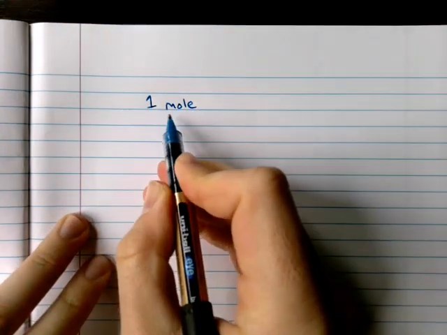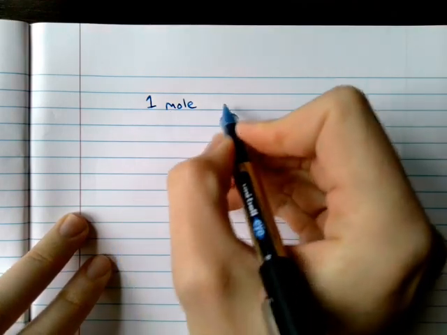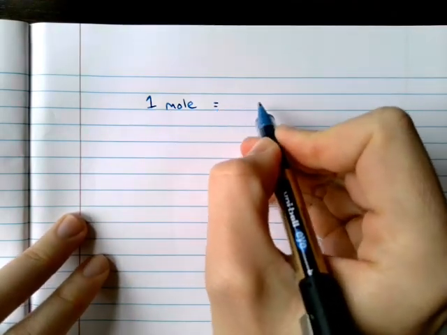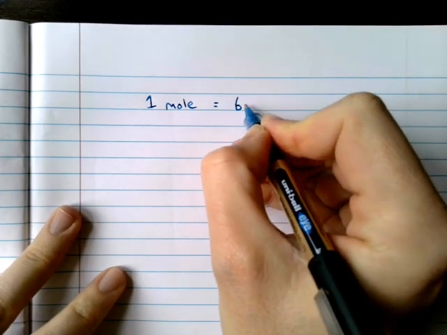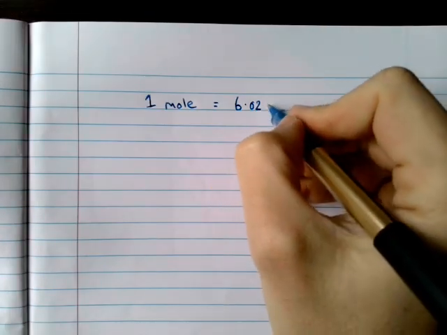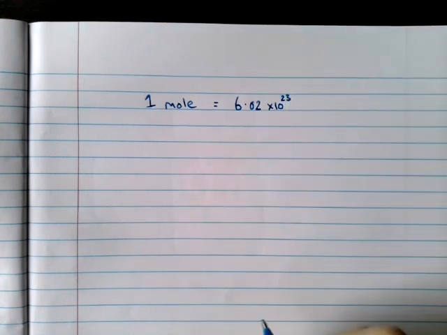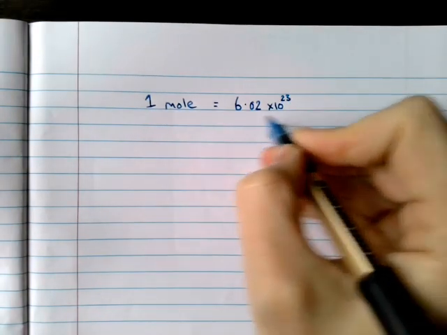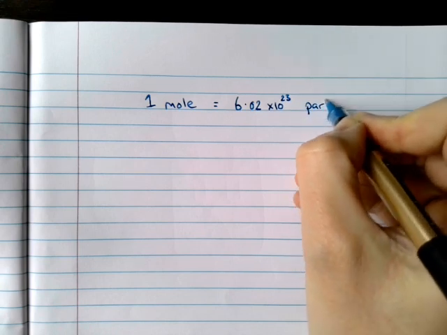It's like the dozen, except that a mole isn't 12 eggs. Instead, a mole is a really, really large number of particles, and that number is 6.02 times 10 to the power of 23. And 1 mole can be of anything, so we're just going to say it's 1 mole of particles.